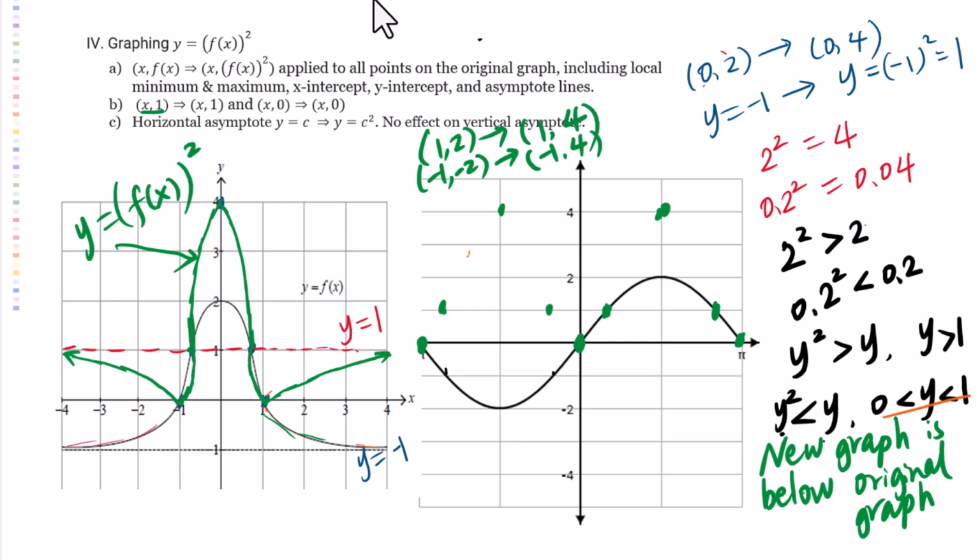Y greater than 0, less than 1: the new graph is below the original graph. This is y equals f of x squared.